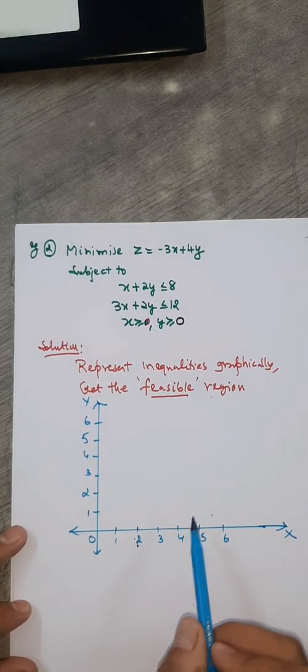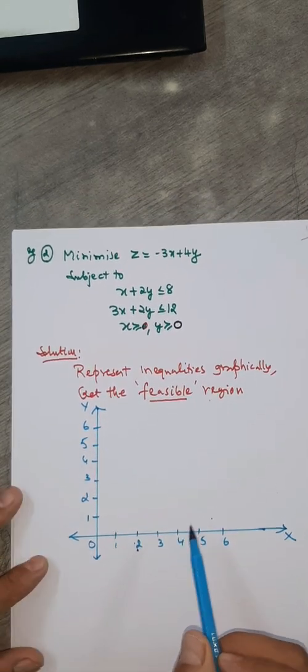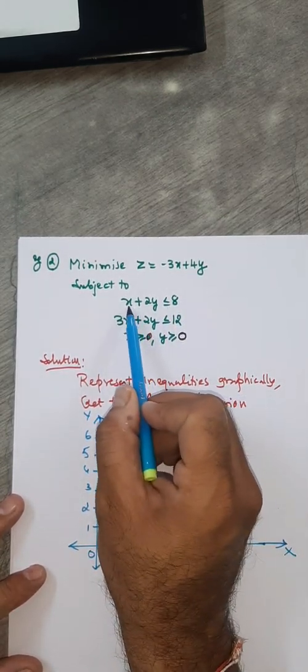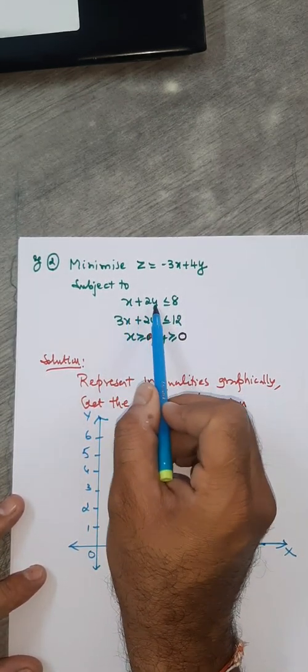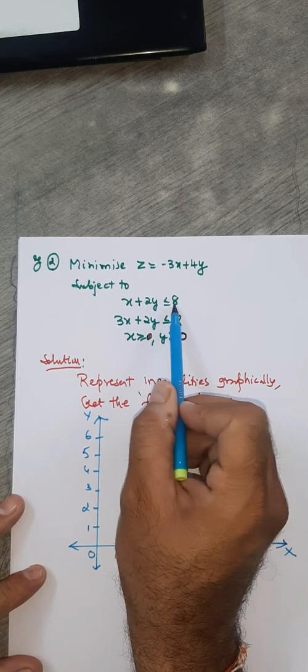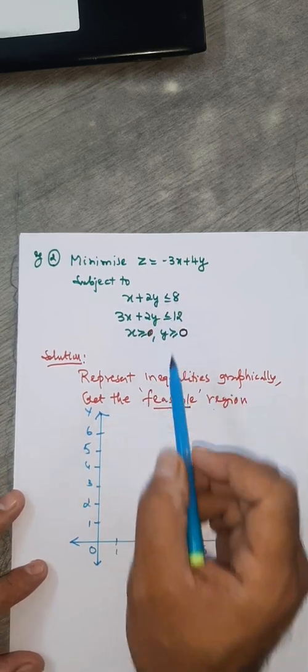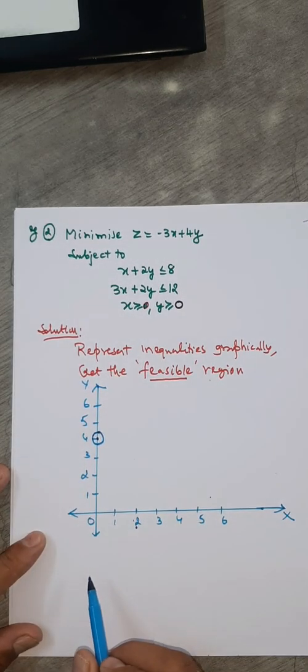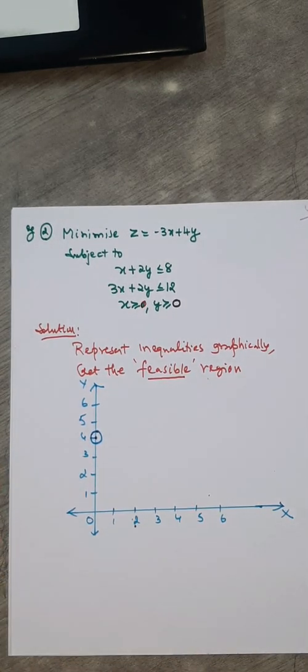Now we represent the first one. I'm sure you must know how to represent this. Put x equals 0. So what is y? 2y equals 8, so y is 4. So 0, 4, this point. You need at least 2 points to represent this line.